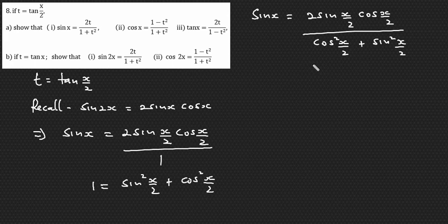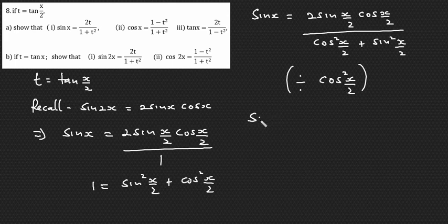Now since I have a tan and what we need is to have a t, we need to get rid of the trigonometry. So I will divide it by cos squared x by 2. We know that sine over cos is a tan. So when I divide by this, both in the numerator and the denominator, I will create a tan.